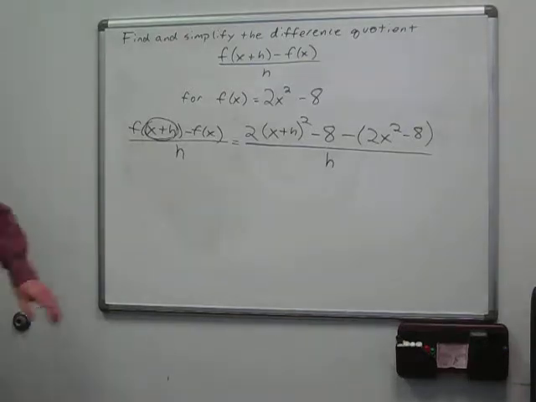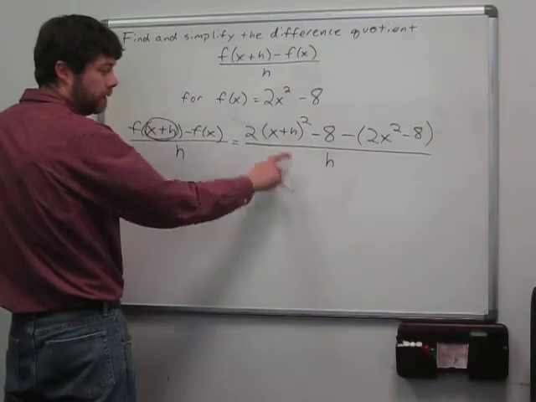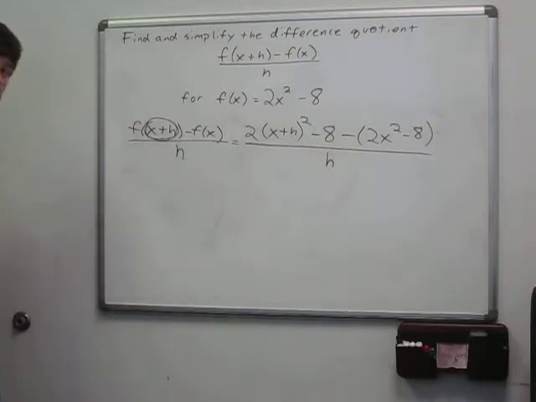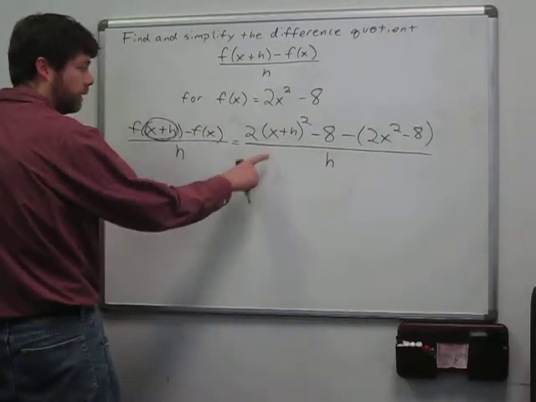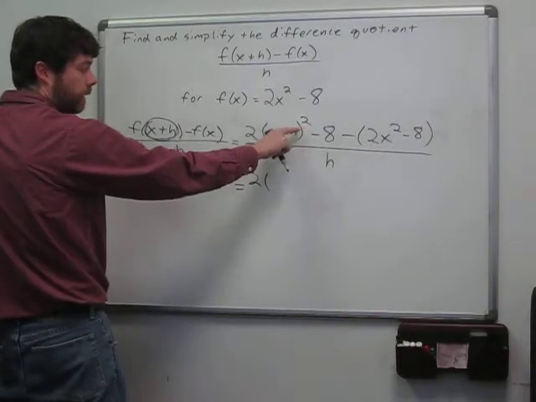Now, because we are working with a very nice function here, what we call a polynomial, things are going to work out very nicely. The game plan from here on out is to simplify this expression so that we can cancel this h out of the denominator. So I'm going to start by expanding this x plus h squared.